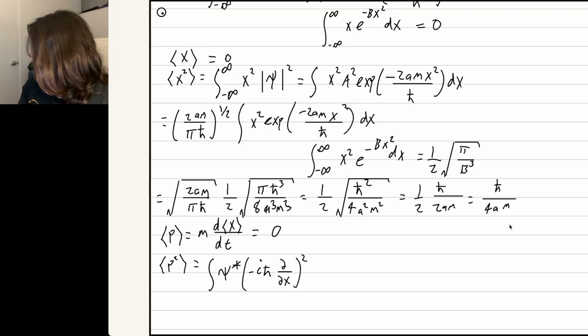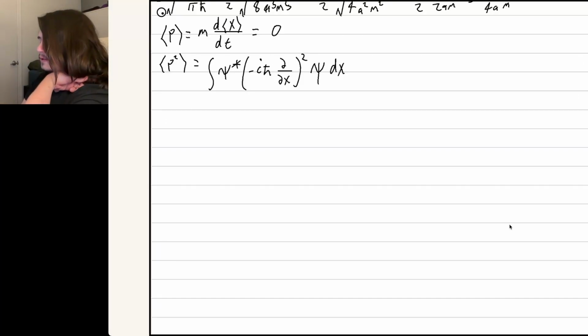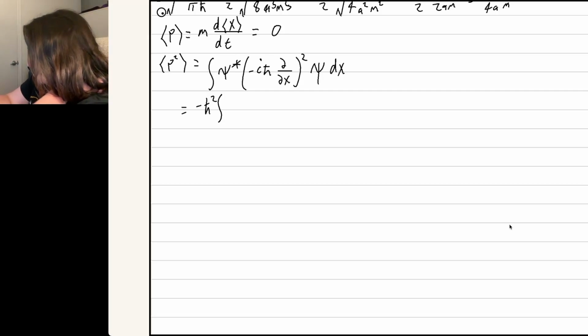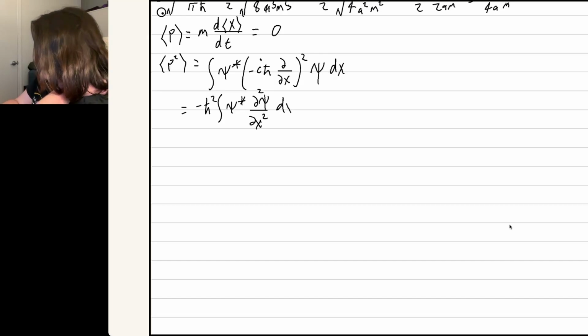You square it on psi and take the integral over position. Taking the square of minus i h bar, you'll have a minus h bar squared. You're doing psi star del squared psi del x squared dx.